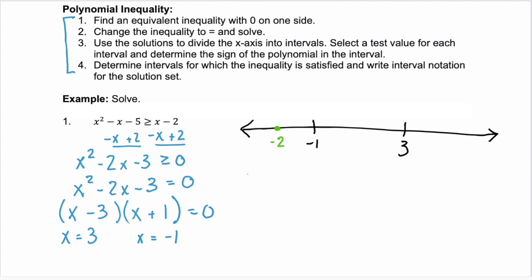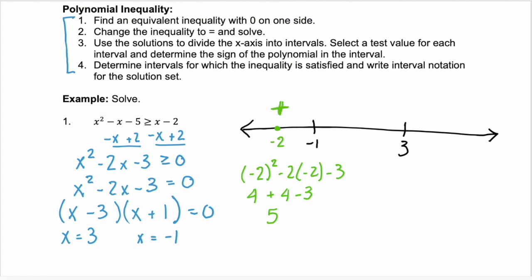So with a test value of -2, we're going to find the value of -2 squared minus 2 times -2 minus 3, or 4 plus 4 minus 3, that's 5. We don't care about the value, we care is it positive or negative. Well, here it's positive.